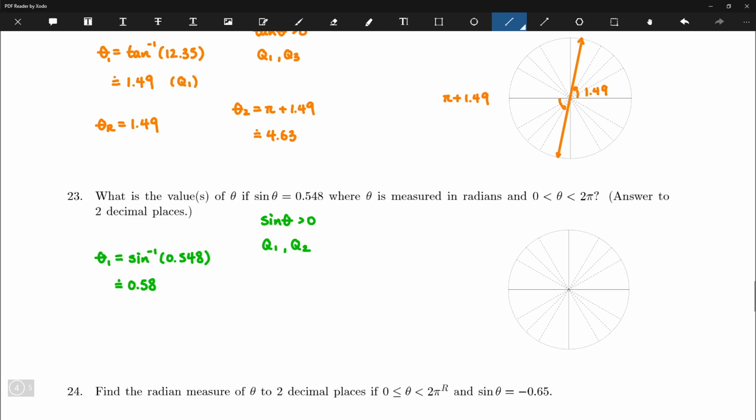First one is somewhere around, let's just say here. And then the other solution will be in quadrant 2 with the same reference angle. So that's what it will kind of look like. So here we have the reference angle, 0.58, of course.